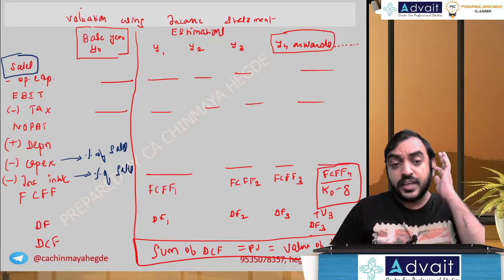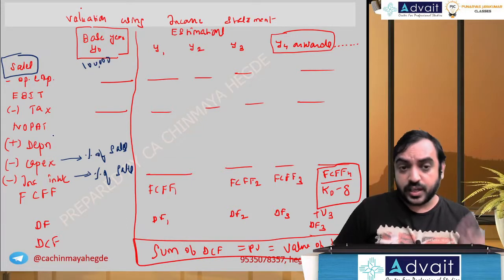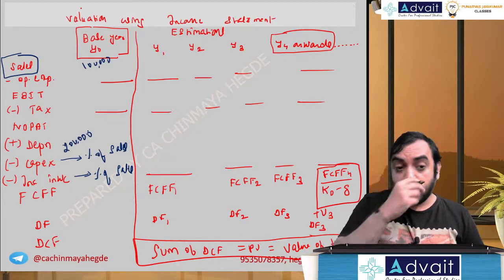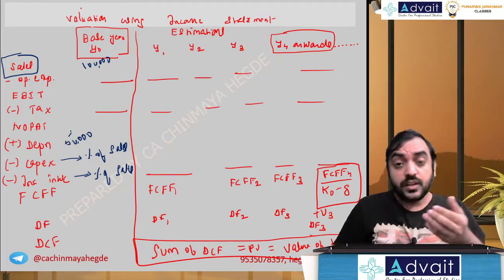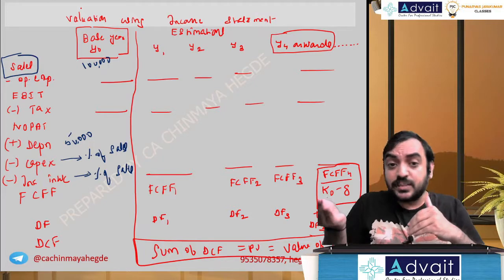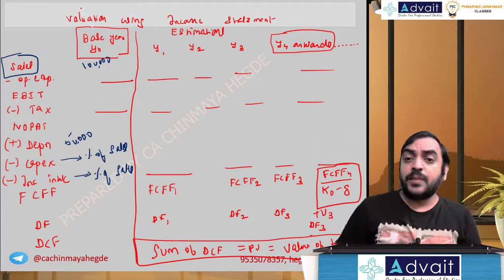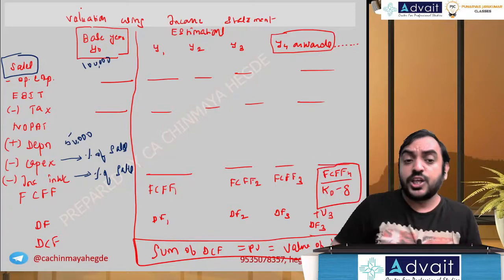For example, if current year sales is, let's say, 1 lakh, and capex current year is, let's say, 50,000, which means capex is half of sales. So next year I estimate sales, half of that will be my capex.